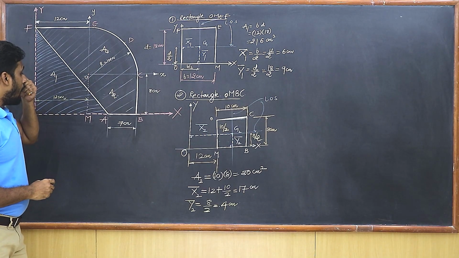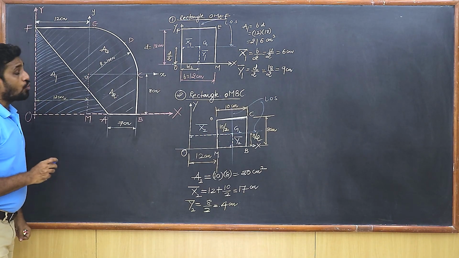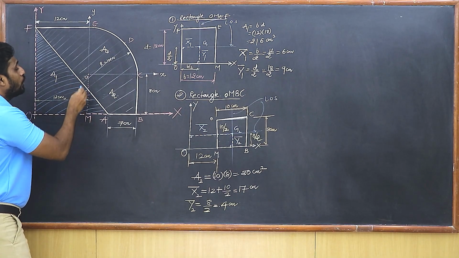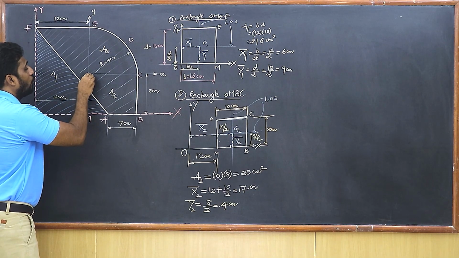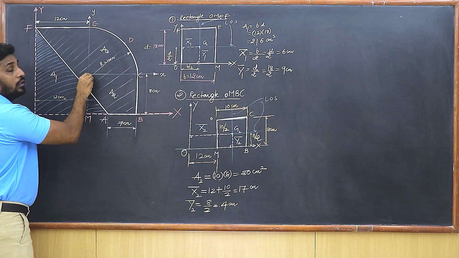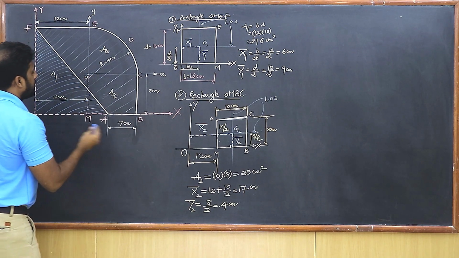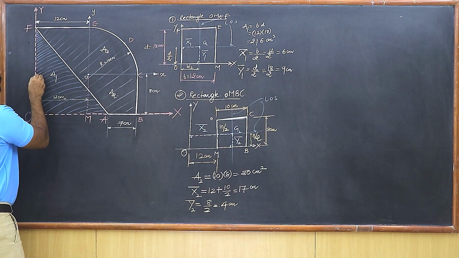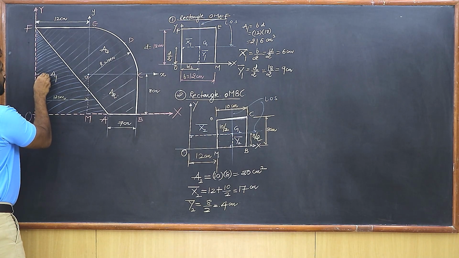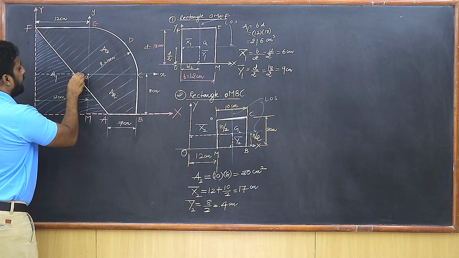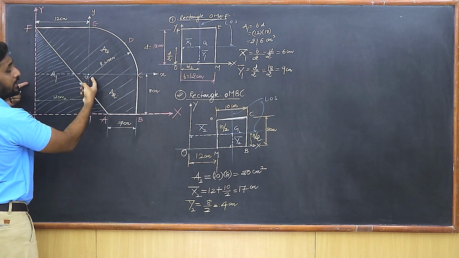Now, you need to identify where this quarter circle is placed. This is very important stuff. I need to find the position of the center of this quarter circle. Now, students, it is very simple to understand. Observe carefully. If I draw the horizontal distance over here, this horizontal distance, if you see, is nothing but 12 centimeter.